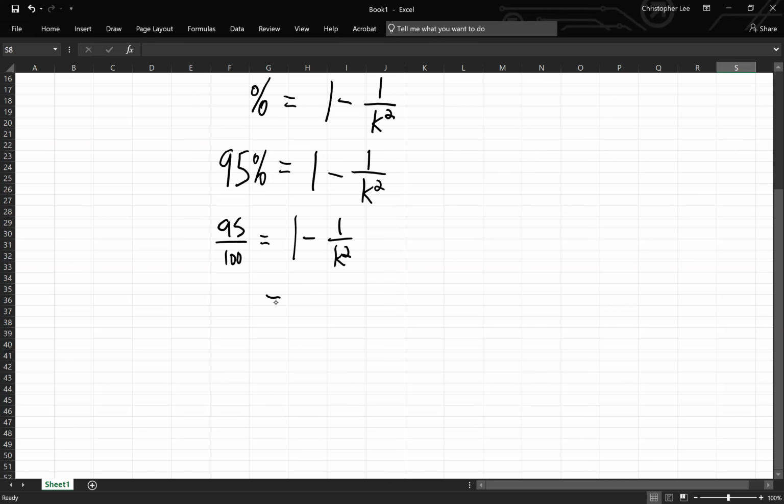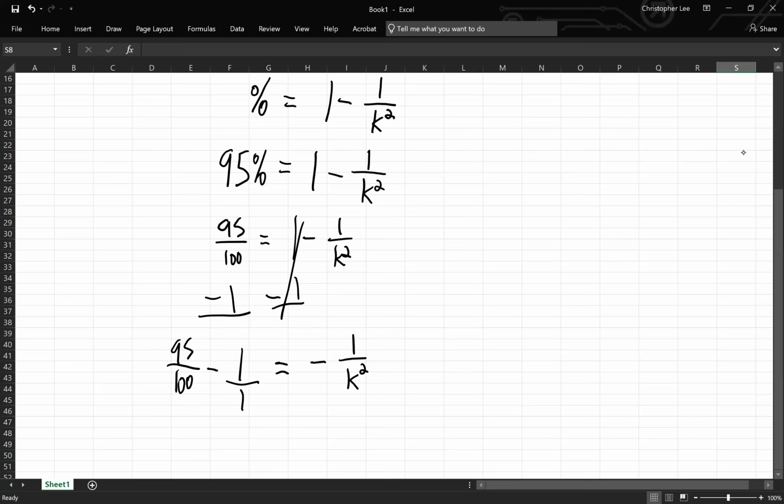So I'm going to subtract 1 from over here. What I do to one side, I do to the other. So I have 95 over 100 minus 1 is equal to negative 1 over K squared. Now think of 1 as being like 1 over 1. So in order for me to subtract, I got to have the same denominator.